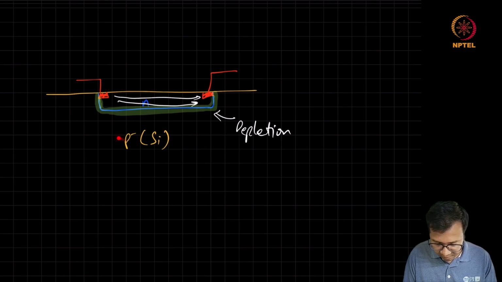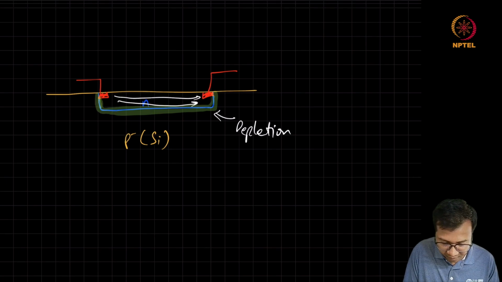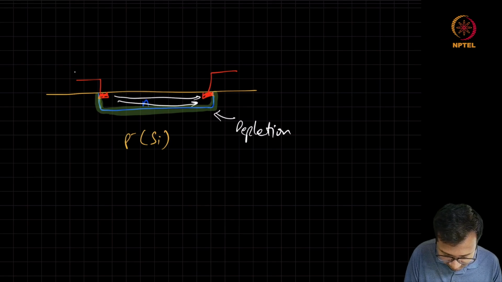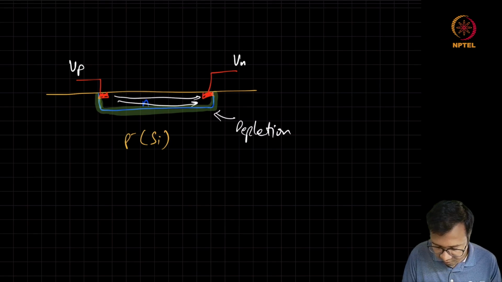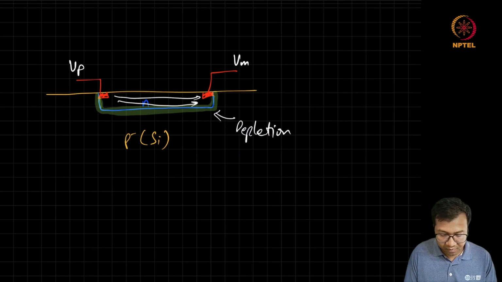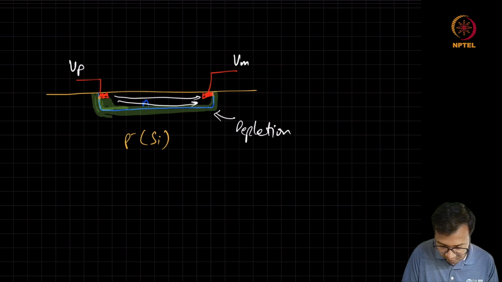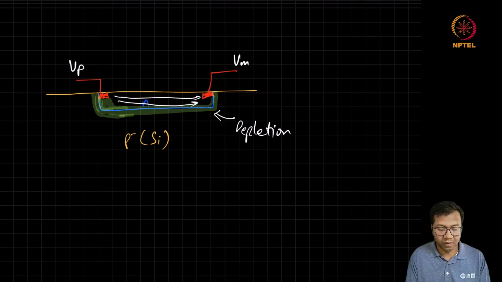You can already see that for this PN junction, the depletion region width will depend on the voltage which has been applied. Let's say this is a higher voltage and this is a lower voltage. It means there will be more reverse biasing here, so the depletion region will widen in this region. As a result of this change in the effective cross section in which the current can flow, we will also change the effective resistance of a diffusion resistor.